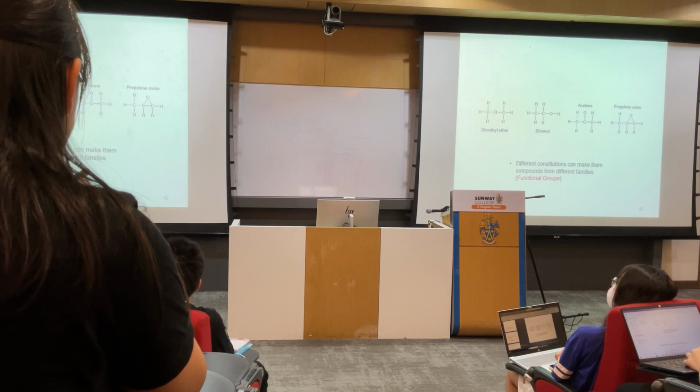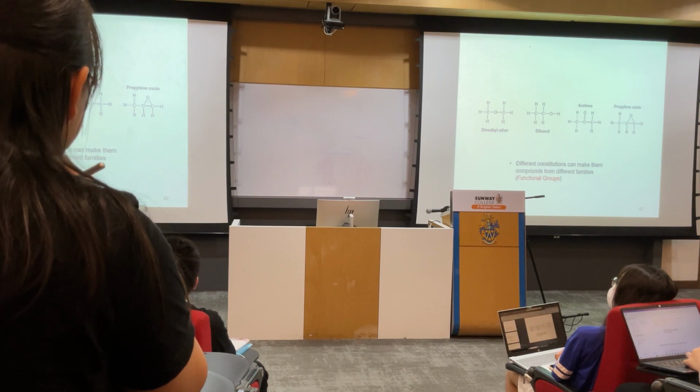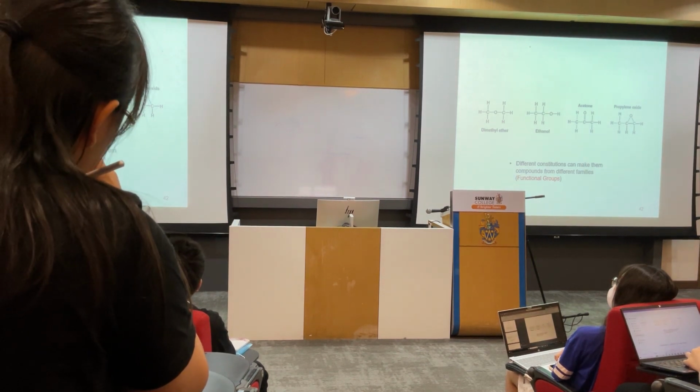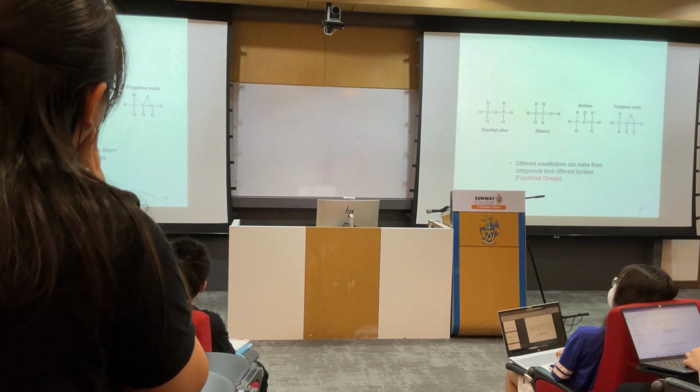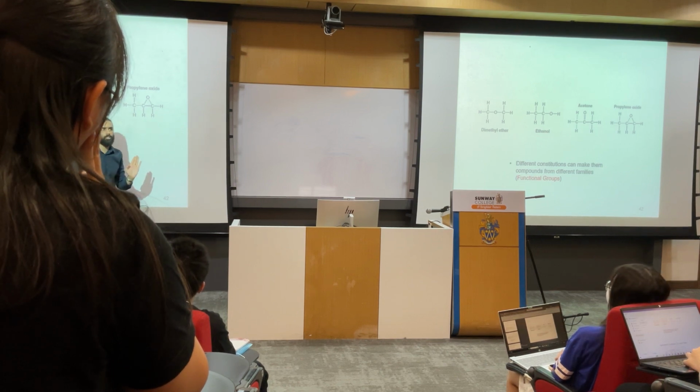But you can appreciate and tell that these two are really different in terms of their arrangement, right? Again, here we have this arrangement between carbon and oxygen, while here we have this arrangement between carbon and oxygen. So these two are 2 different functional groups.